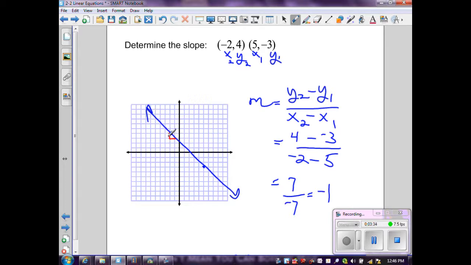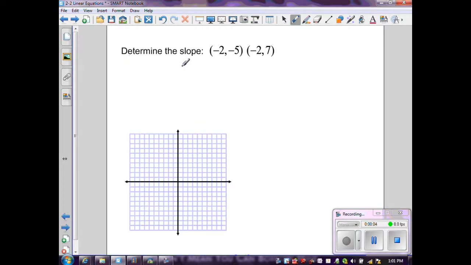The rise of 1 and the fall of 1 and a horizontal change of 1. And when my line drops from left to right on my coordinate plane, it is a negative slope. If it would climb from left to right, it would be a positive slope.